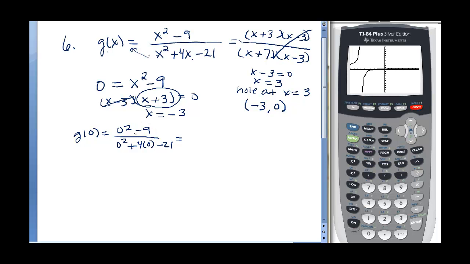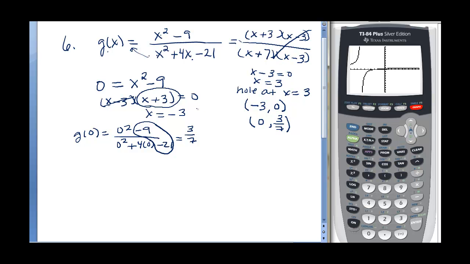So that's just going to be negative 9 over negative 21, which is going to simplify to be 3/7. So I know that I have a y-intercept at 0, 3/7.